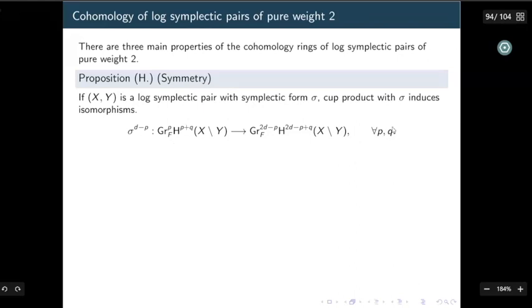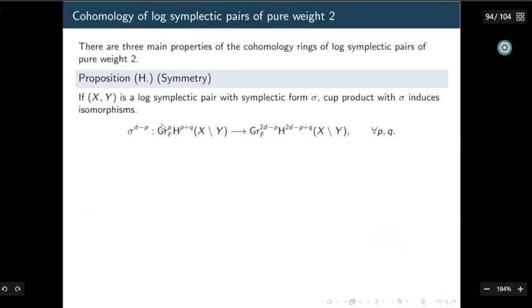The notation here I'm sure is impenetrable, but this basically means, if you think about the Hodge numbers, or the graded pieces of the Hodge filtration on this cohomology group, there's a diagonal symmetry across some axis. So this means that you have this isomorphism between two different things, and it's induced by cup product with your log symplectic form.